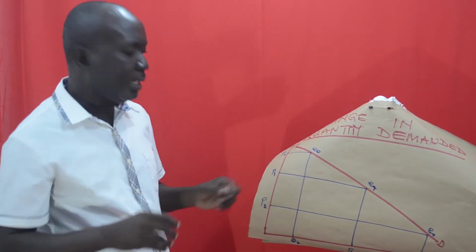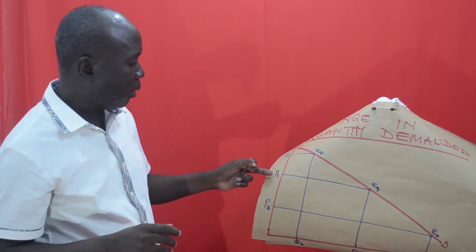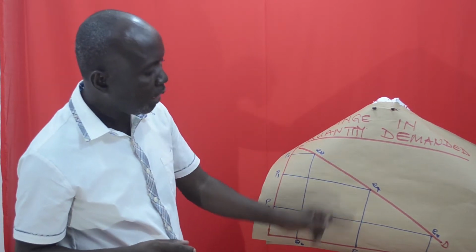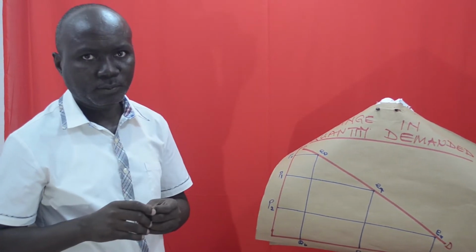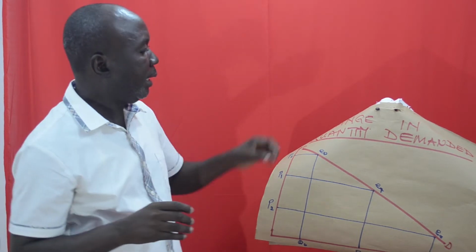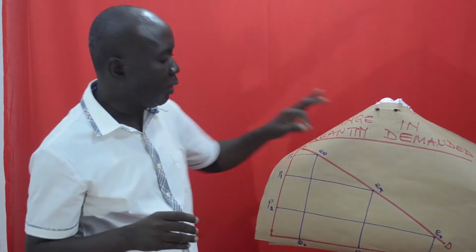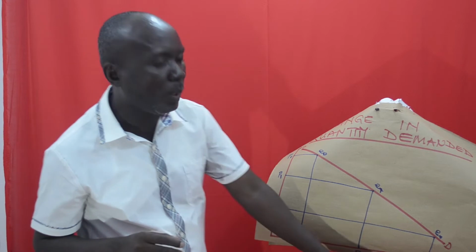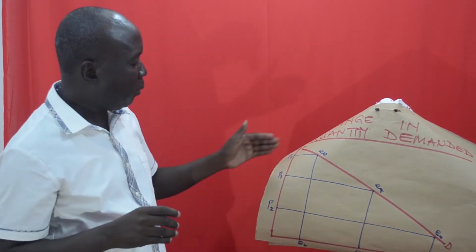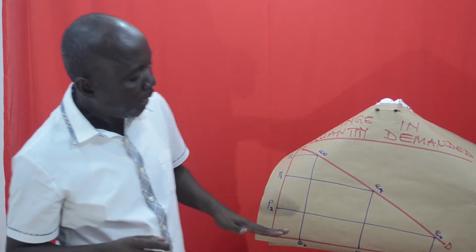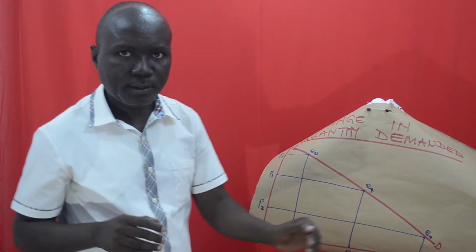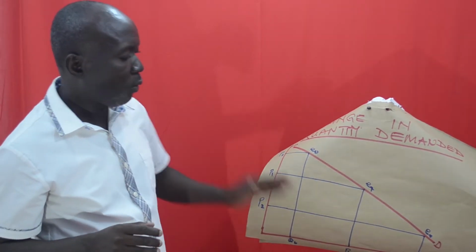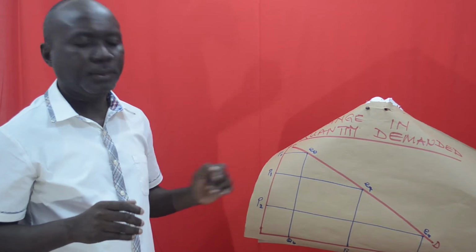If there is any change in price, that is a decrease in price, also quantity demanded will increase. In other words, there is an inverse relationship between price and the quantity demanded. If a price decreases, quantity demanded increases. If a price increases, quantity demanded decreases.